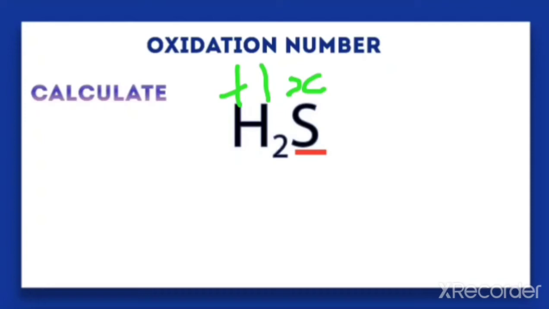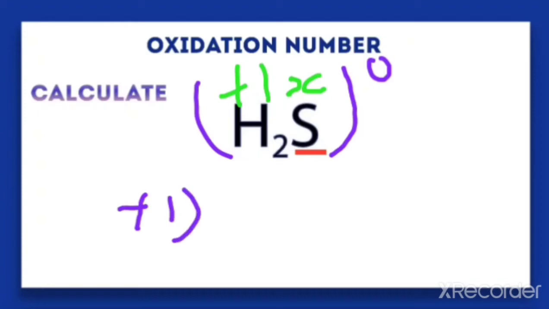Now how do we find it out? The oxidation number for sulfur, that is X, we need to find out. What is the overall charge of this molecule? Because it is neutral, the overall charge for this molecule is 0. So now how do we calculate this? +1 is the oxidation number for hydrogen, and here 2 hydrogens are there, therefore we need to multiply with 2.